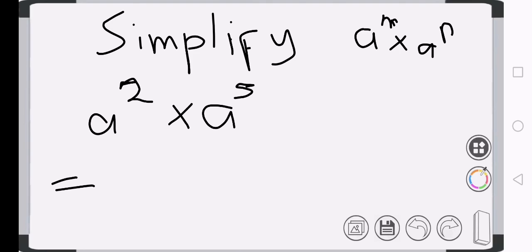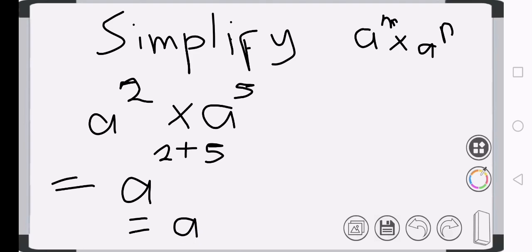Since the bases are the same, we'll write the base. And the powers are 2 and 5, so it's 2 plus 5. Remember that multiplication goes with adding of powers. Division goes with subtraction of powers. So our final answer will be a to the power 7. It's as simple as that. Not difficult, eh? I know.